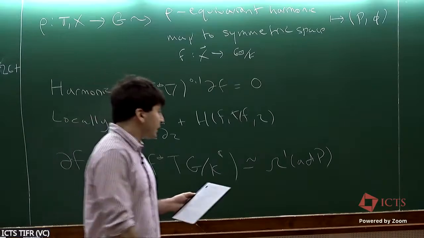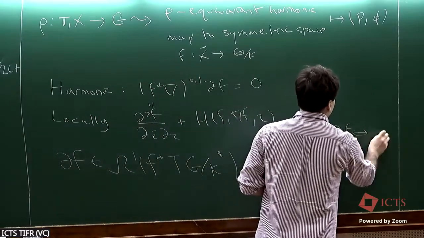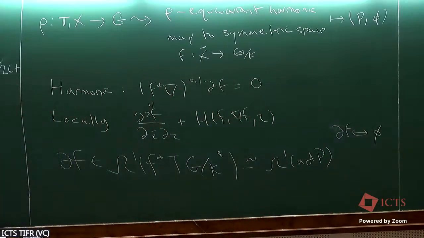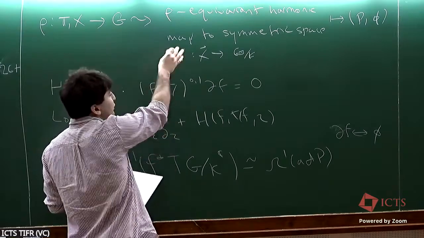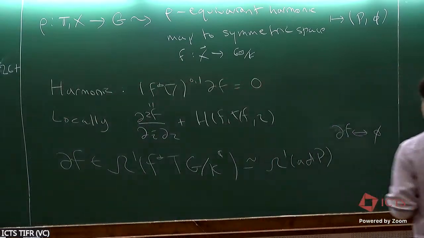And under this identification, we call del F phi. So we should think of the Higgs field as just the 1,0 part of the derivative of the harmonic map, which, if you go back to this perspective, is some geometric realization of your representation. Okay, so that's a little review.